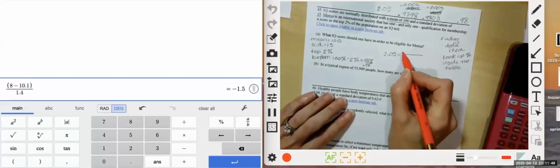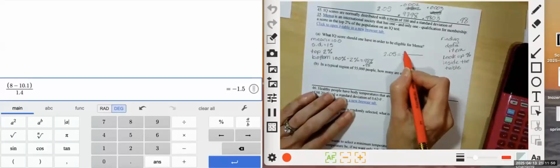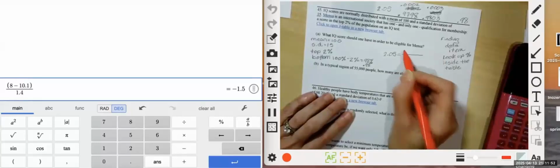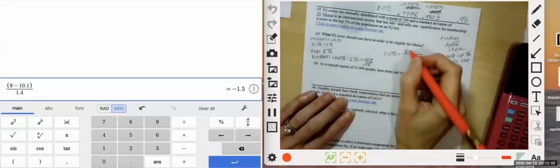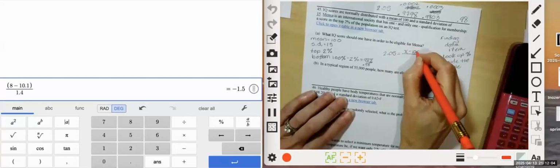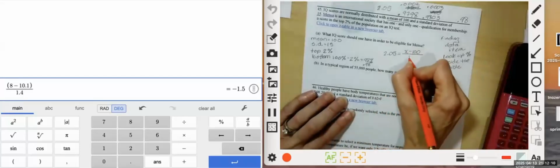So do I know my data item? No, that's what we're finding. So it's x minus, what are we subtracting? 100, our mean. And we're dividing by the standard deviation of 15.